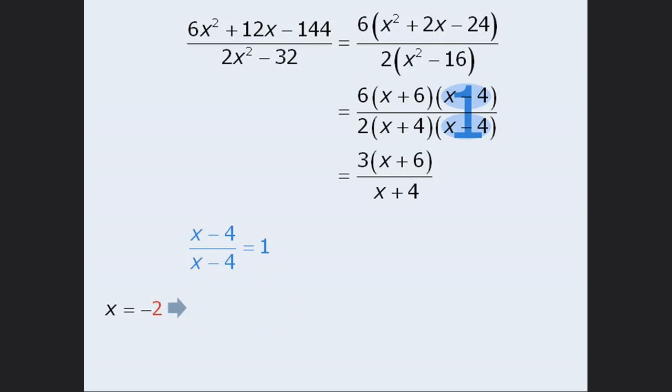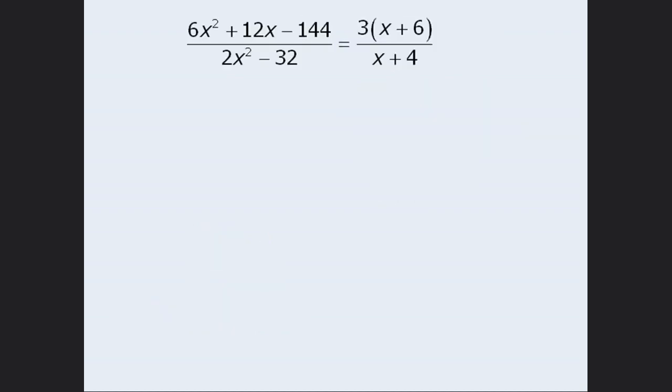Similarly, when x equals negative 2, the expression evaluates to be 1. However, notice what happens when we let x equal 4. When x equals 4, we get 0 over 0, and 0 over 0 does not equal 1. So although x minus 4 over x minus 4 equals 1 for most values of x, it does not equal 1 when x equals 4.